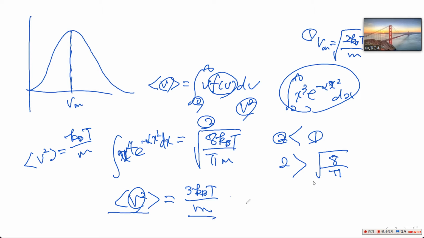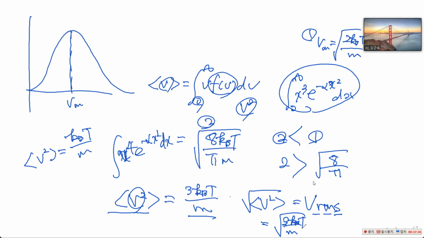Given by here. So square root v square, we say it is VRMS. RMS means root mean square. Okay, root mean square. But by that way, we can derive square root 3kbt over m.